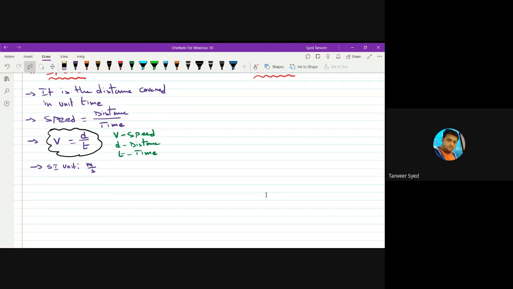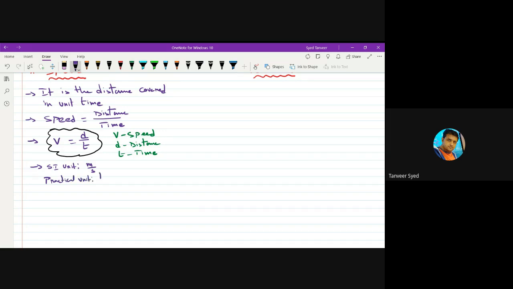What do you call a device which measures the speed of automobiles? Speedometer, sir. You have a speedometer in your automobiles, two-wheelers, four-wheelers. In that speedometer, the scale is graduated in kilometer per hour, not in meter per second. So kilometer per hour is a practically used unit.